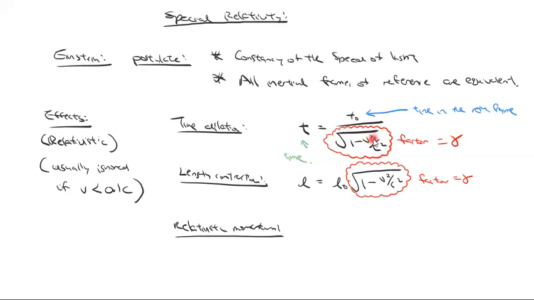So 1 minus v squared over c squared gets smaller. So the denominator as a whole gets smaller, which means when you divide by a smaller number, your t will get bigger. So note, as your velocity goes up, the square root of 1 minus v squared over c squared will go down, which results in t going up, and it results in L going down.